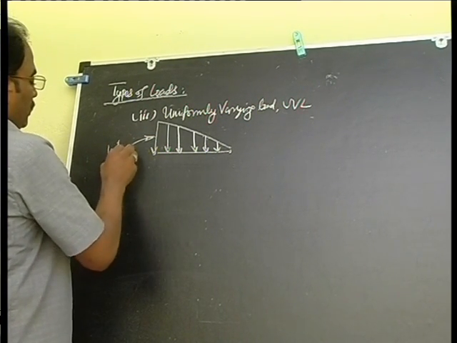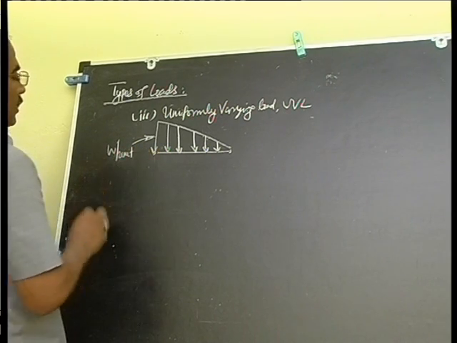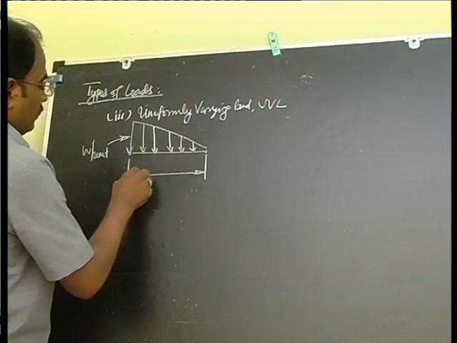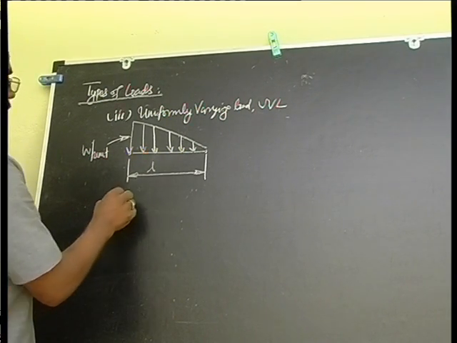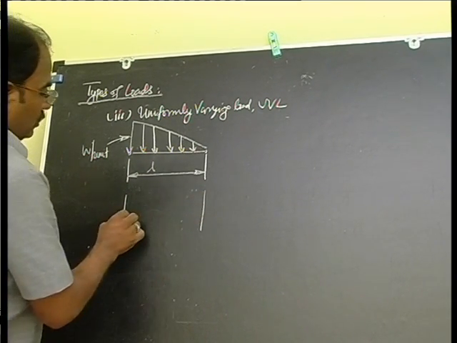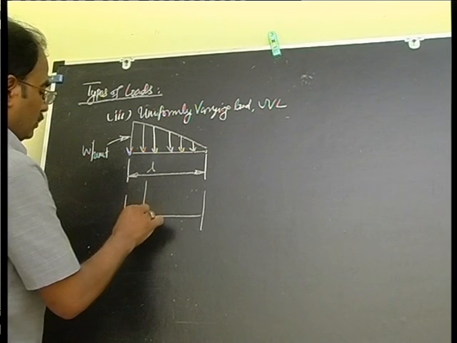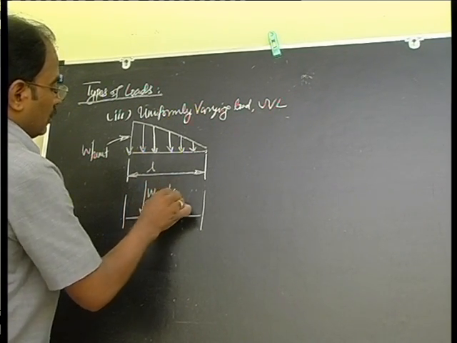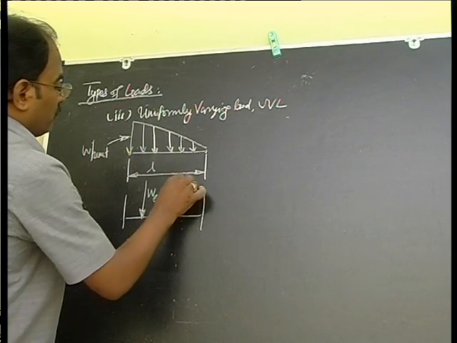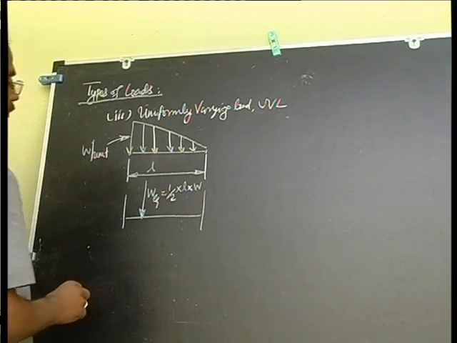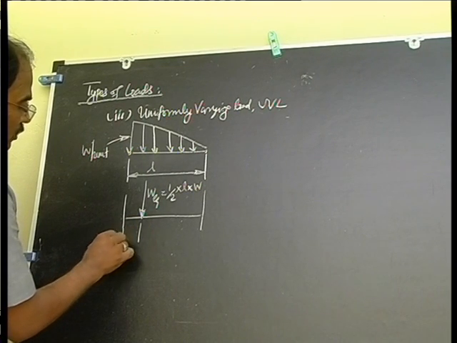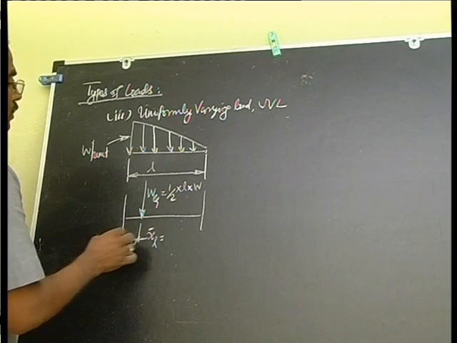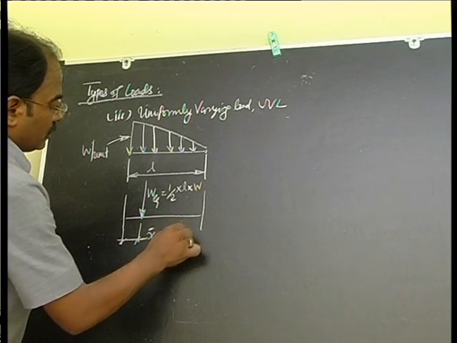So W per unit length is the height of this triangle, and base length is L. So this equivalent load can be found out as W equivalent is equal to half multiplied by base multiplied by height, and the x bar of L is equal to 1/3 of the length.